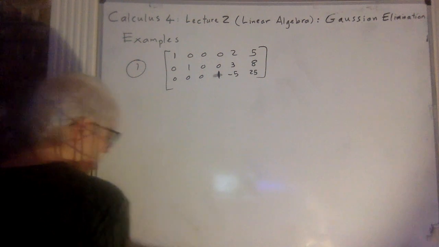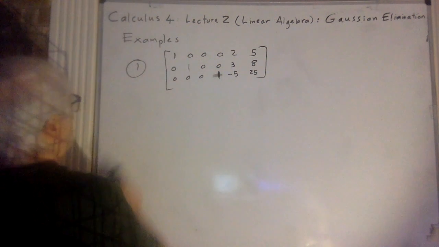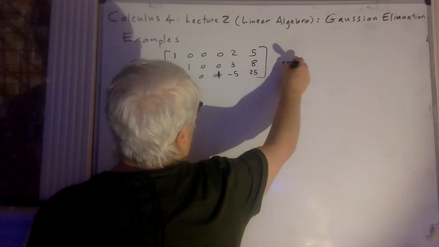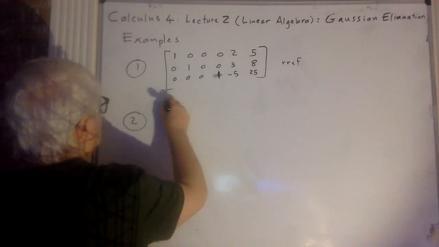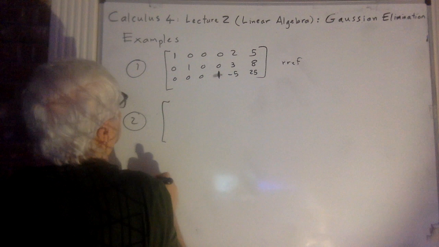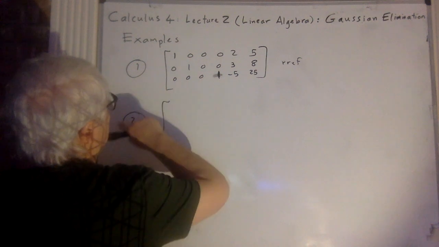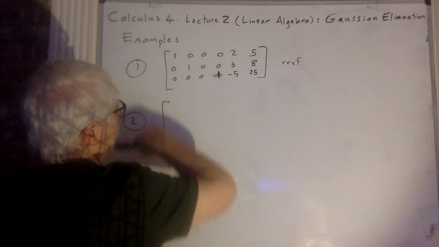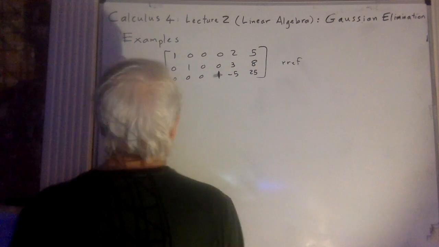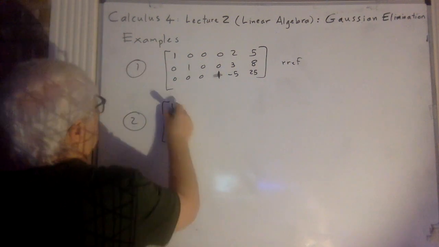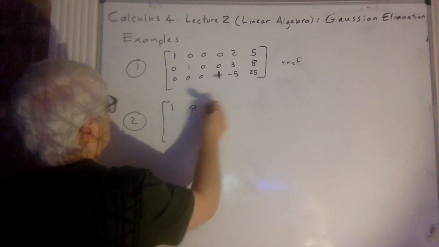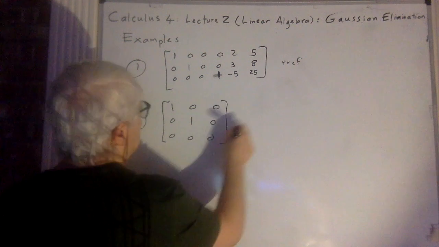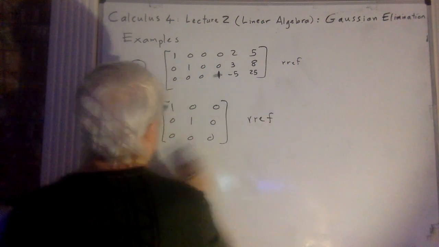This is an RREF form. Now, there might be numbers here, so it doesn't have to be 0, but it can be numbers here. So 1, 0, 0, 0, 1, 0, 0, 0, 0.